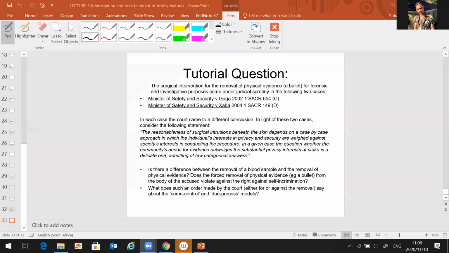Ms. B, my notes are on my USB and I can't find it, but I think from what I read on the case of, is it Cabo or something like that? In terms of that case, I read that the court found that the act of removing blood samples did not provide for the surgical removal of an object of some sort from the body of a person in the course of criminal investigation.